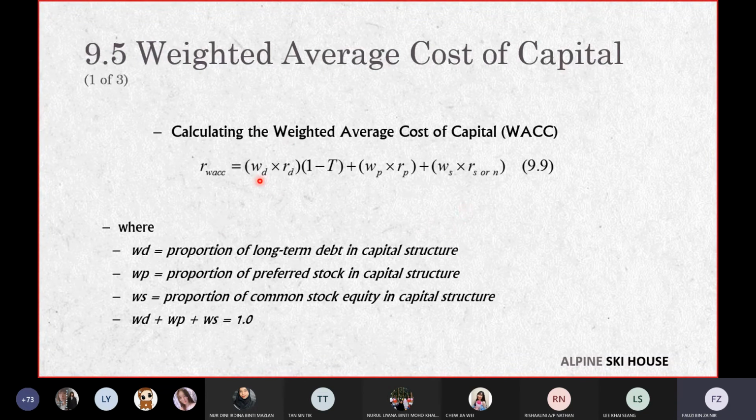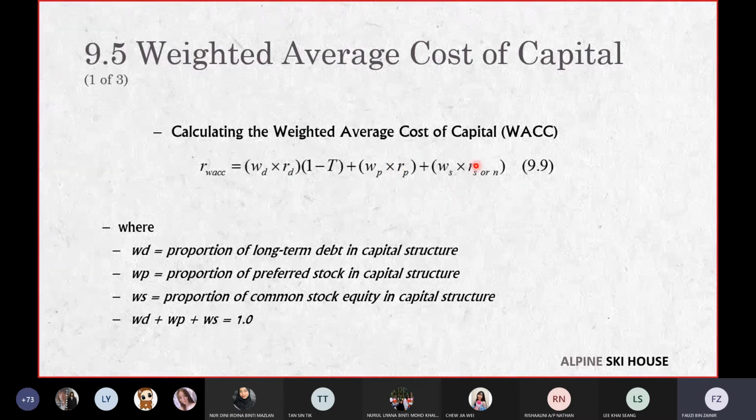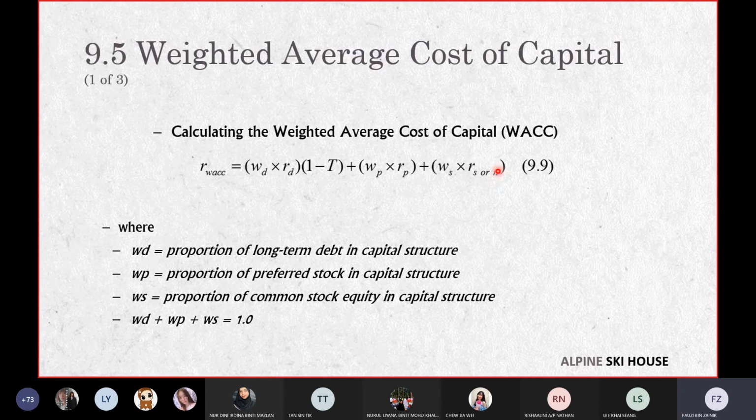So how we are to do that: we take the weight of the debt, the proportion of debt that we are going to use, with the after-tax cost, plus the weight of the preferred stock, if we have it, taken as it is, and the weight of the common stock equity, whether we want to use it based on new shares or based on the retained earnings. It's either or, okay?